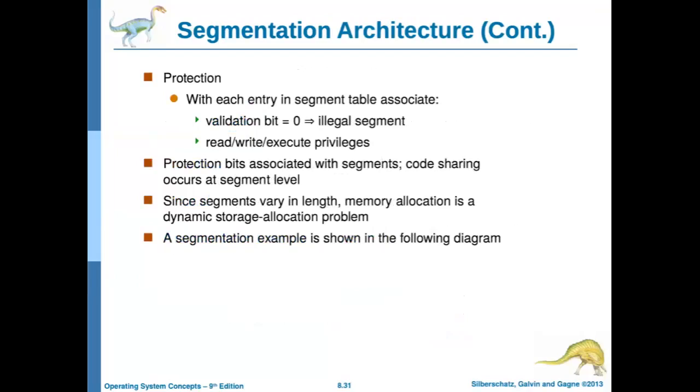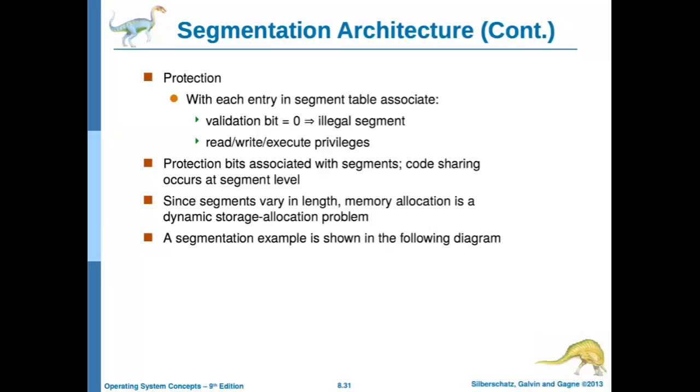How to provide protection? Like if I don't want to allow my process to access the address outside of its space. Now 2 things are there. Number 1, we need to check if the correct segment number is there or not, and that condition we already saw. Yes, if S is the segment number, it should be less than the segment table length register, that is STLR.